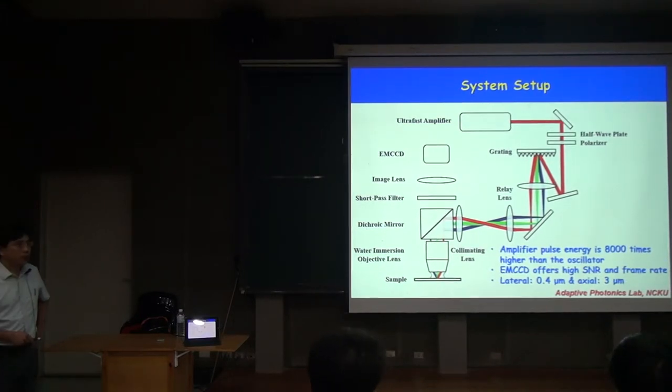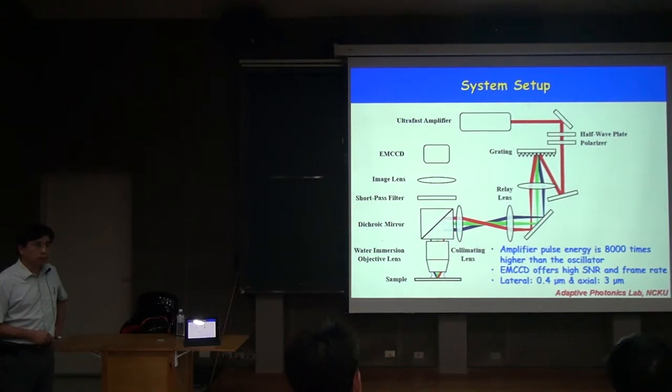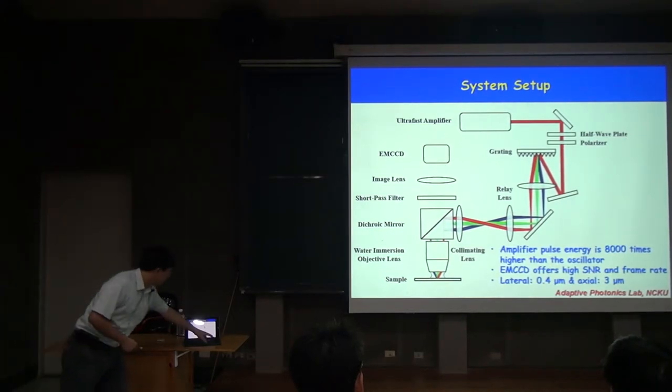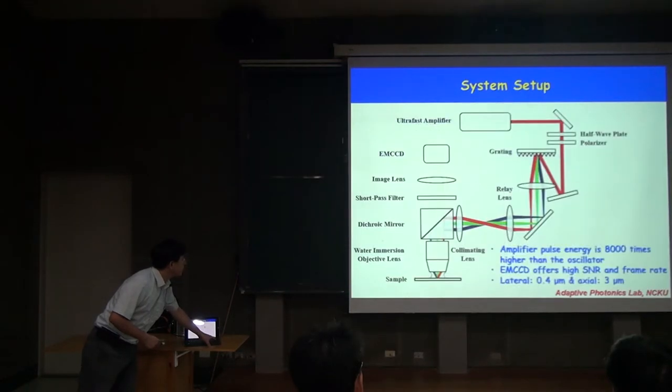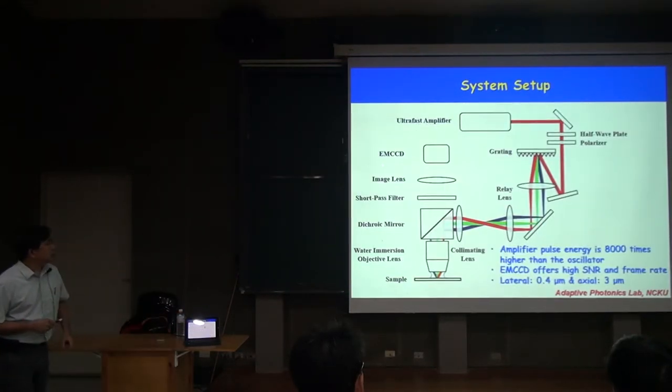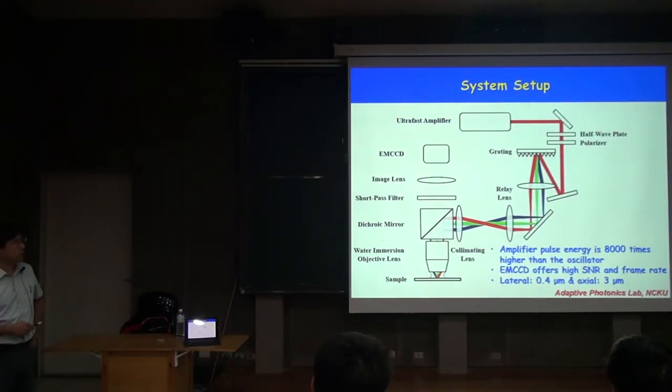So it means you can excite the area I just mentioned, about a few hundred microns. Also here, you need a very nice CCD. We use the EMCCD.